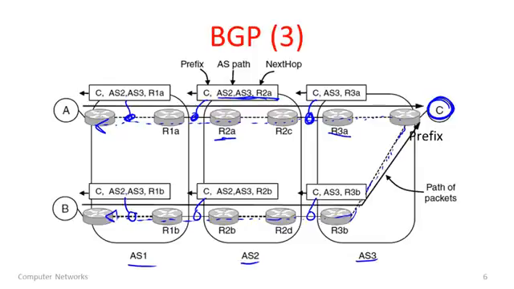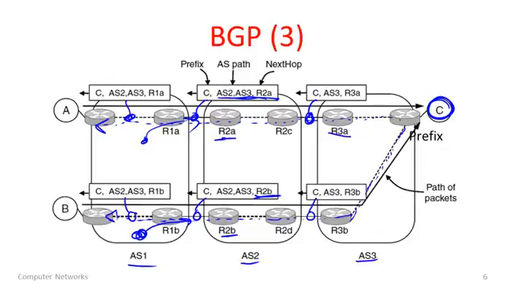Here, actually let's do this one here. You can see that AS1, which here's this announcement, goes via R2B, not R2A, to get to C. So anyone down in the lower portion here of AS1 is probably going to go via a path here to reach C, whereas anyone up here is probably going to end up going via a different path to reach C, even though they'll go through the same sequence of ASs.